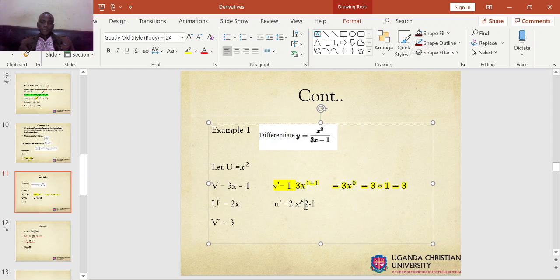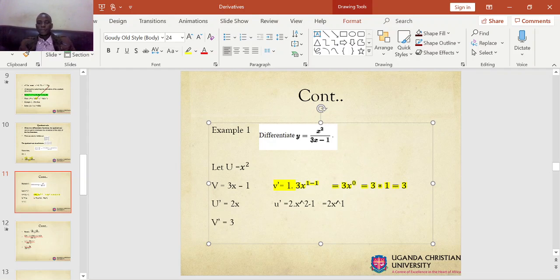I didn't want to go into the equations and so on. So this gives us 2x to the power 1.